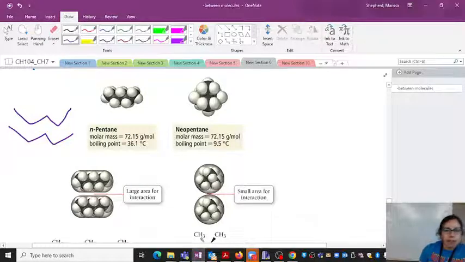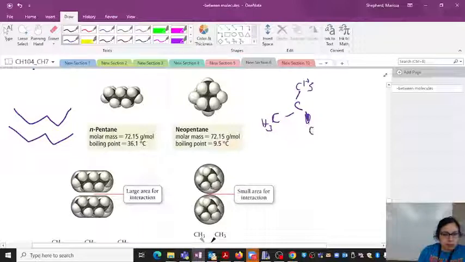Versus neopentane. So neopentane still has 5 carbons, but now you have a carbon in the center attached to a bunch of other carbons like this. Trying to draw it in 3D for you.